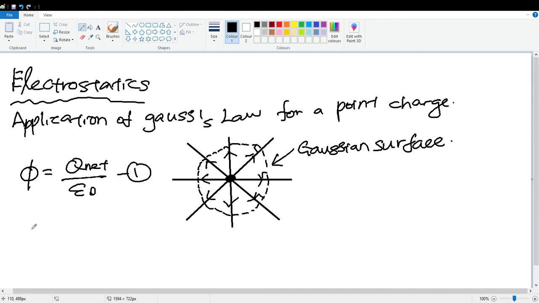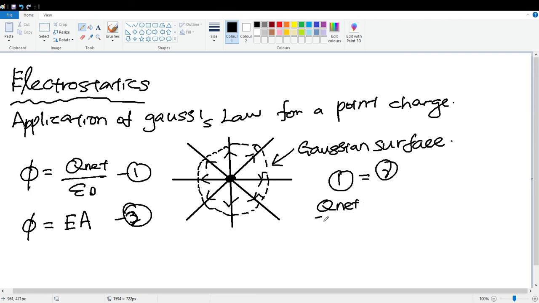As for the second formula, the electric flux equals EA, since the surface and the electric field lines are perpendicular to each other. Equating both equations, Q net divided by epsilon naught equals EA.